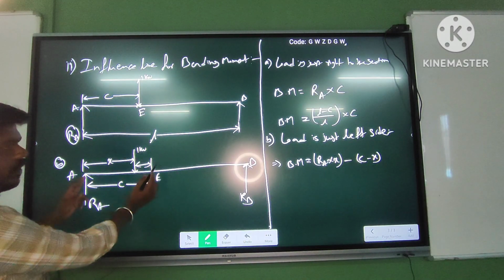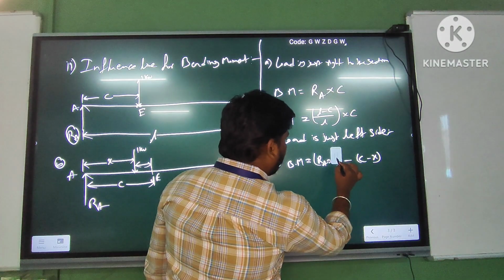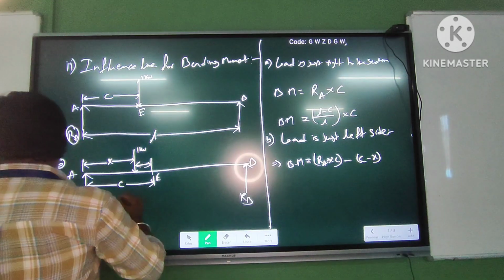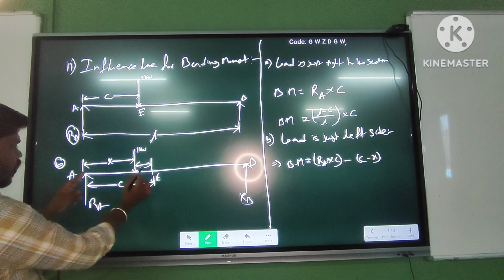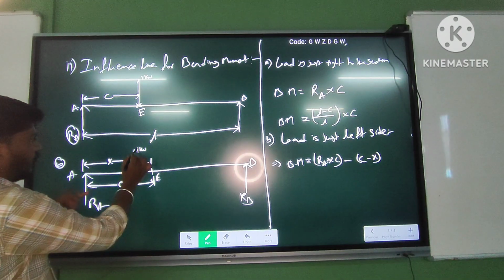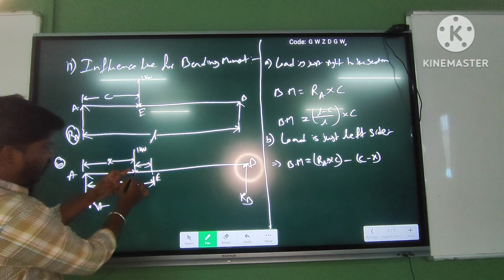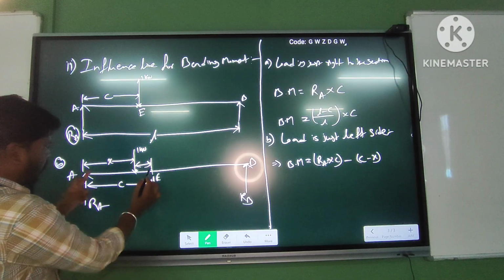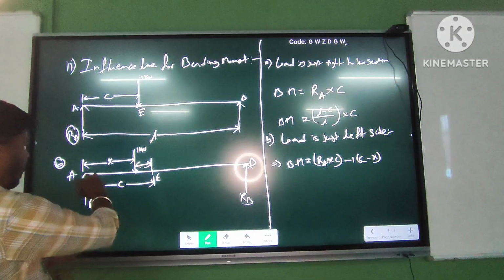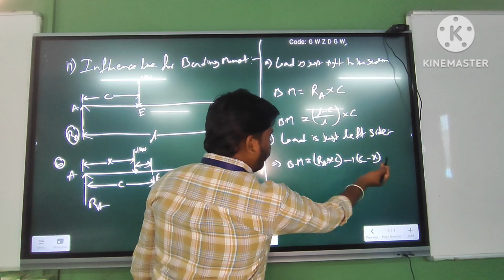First we have written RA into C, sorry, not x. RA into C. That means from here to E is distance C, RA into C, and then unit load. What distance is it? Unit load is there, 1 kilonewton multiplied by C minus x. So RA into C and 1 into C minus x. That's why I have mentioned here minus 1 into C minus x.